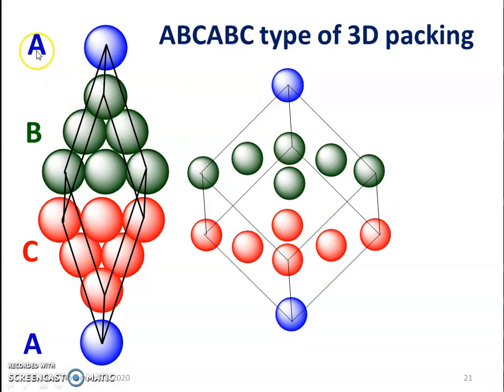Here you can see that from layer A there is one sphere which is here. From the fourth layer, which is the same, that is A, that sphere is shown here. There are 6 spheres in layer B which are shown here. In the third layer, that is the C layer, there are again 6 spheres shown here, and it results in the formation of the cubic close packed structure or face-centered cubic structure.